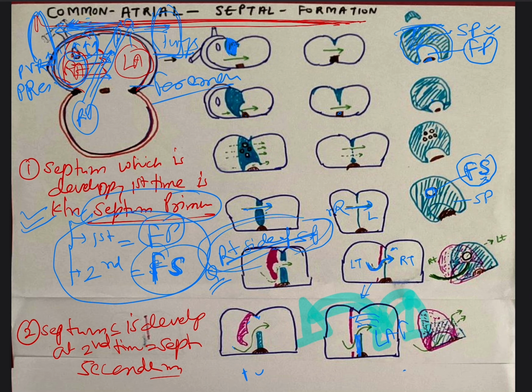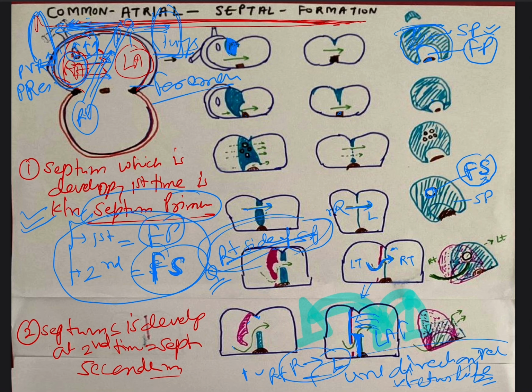This valve, which is thin and flappy, has its upper end fused with the septum secundum. This is the septum secundum. This upper edge fuses with the septum secundum, and now blood cannot move from left to right side. So it is actually a unidirectional valve. It can function only in fetal life, when right atrial pressure is higher, so that it can shift blood from right to left.